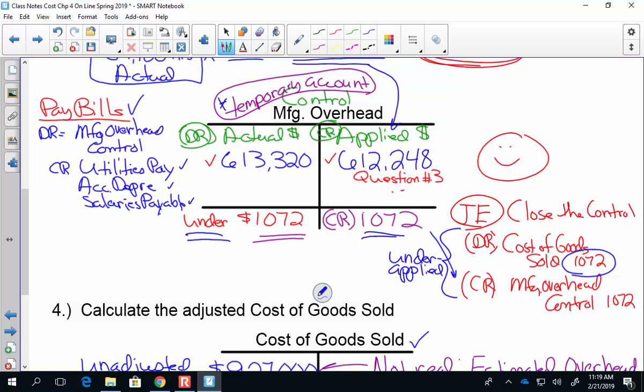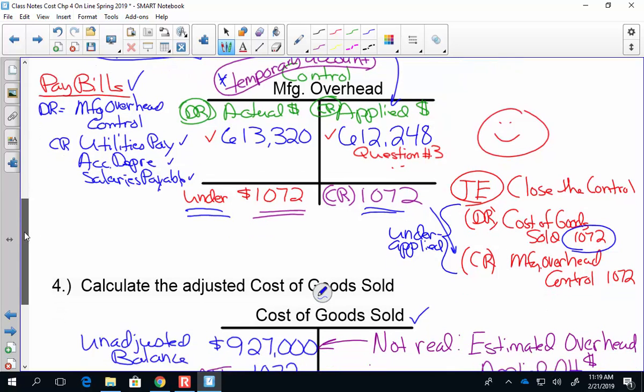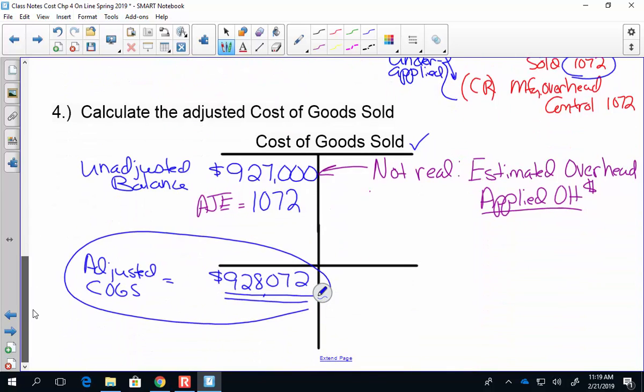Cost of goods sold. Now, if I had an over-applied amount, which means my over-applied credit side would be larger than my debit, to get rid of that, I'd have to debit that account, manufacturing control, and credit cost of goods sold. So it just works the opposite. So if I look at my cost of goods sold question, I had an unadjusted amount prior to closing the temporary account called manufacturing control.